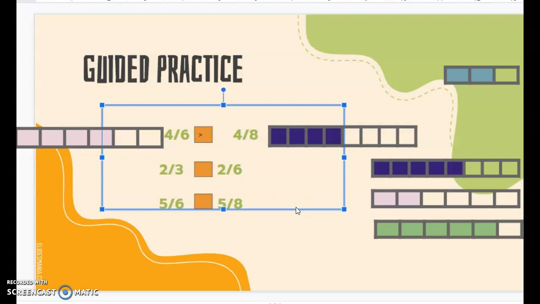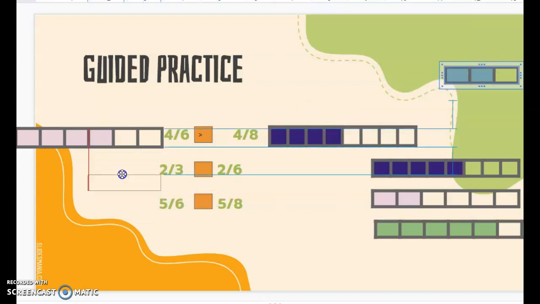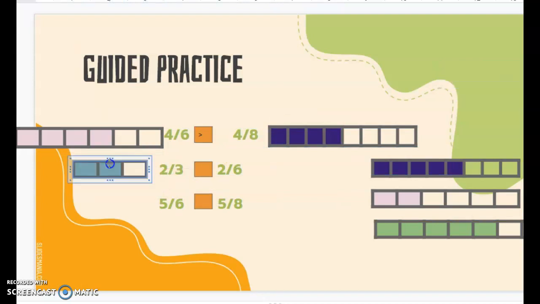Okay, so now we're going to compare 2 thirds and 2 sixths. So here is our model for 2 thirds. It has 3 parts and 2 are shaded. So we're going to place it here to represent 2 thirds. And then here's our model for 2/6.